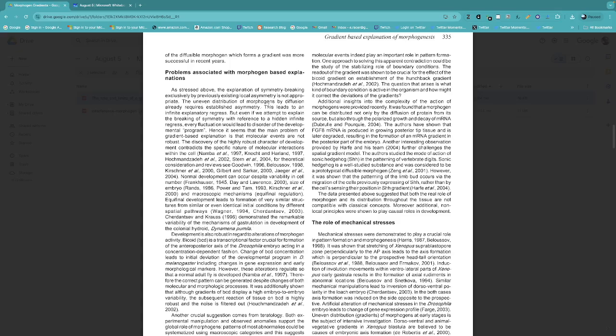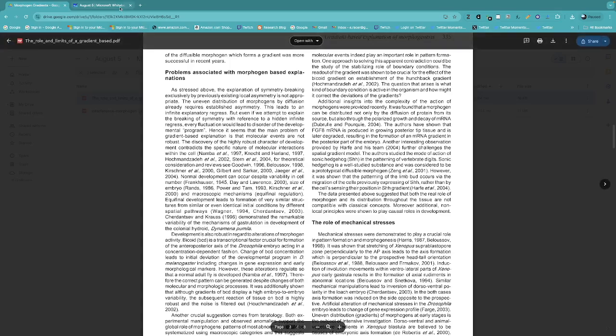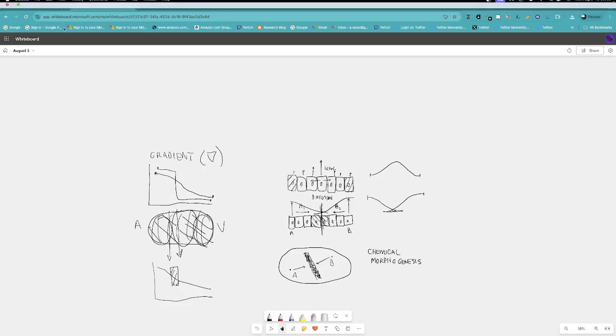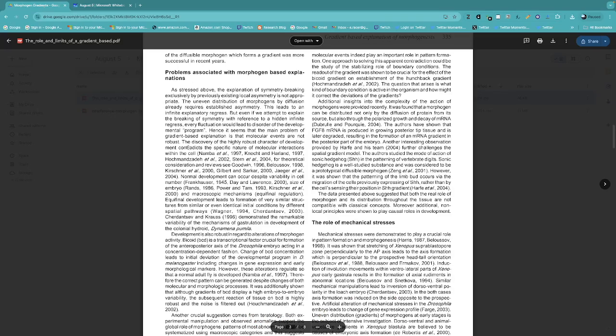Basically he's arguing that, like I said before, there's this explanatory regress that occurs because you already need some established asymmetry to achieve this diffusion model. So you need to have some sort of structure already in place for this to occur. This is what he's getting at with this point.